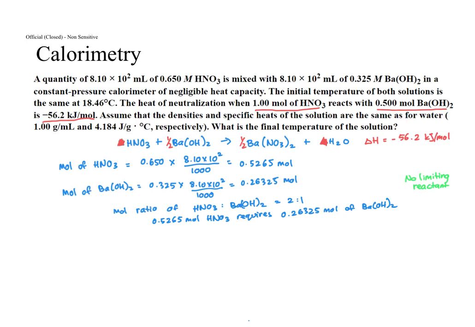Let's use the moles of nitric acid because this will be a nicer number, since this negative 56.2 kilojoules per mole refers to per mole of nitric acid. So to find the heat of reaction, you will take the enthalpy change times number of moles of nitric acid.